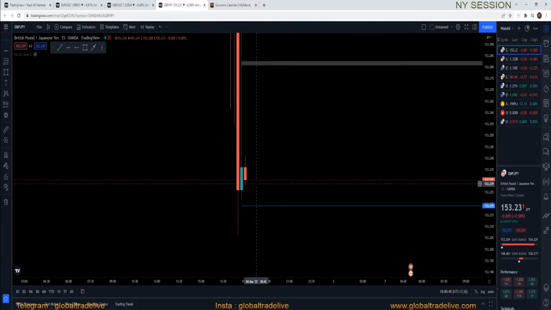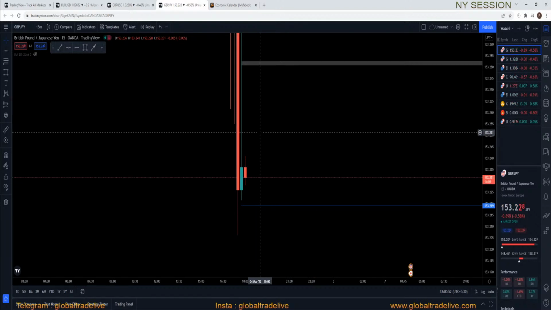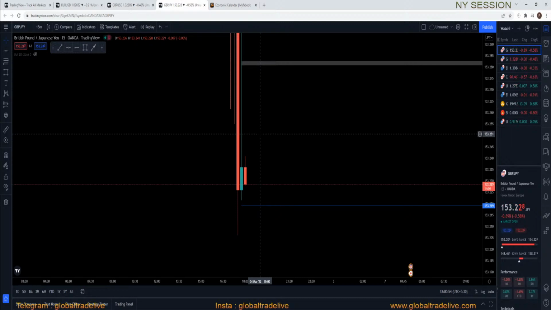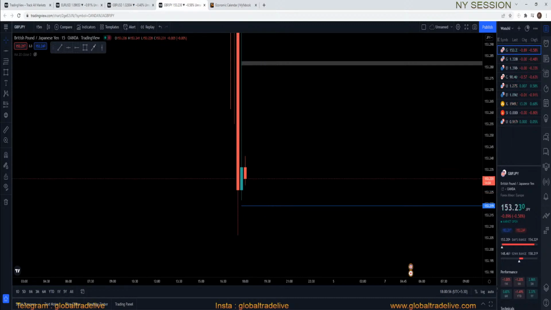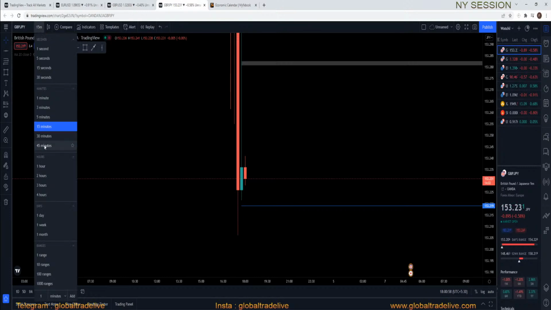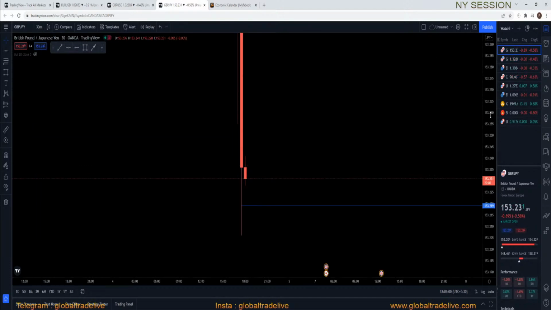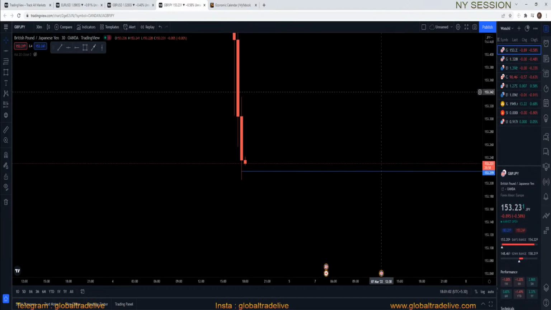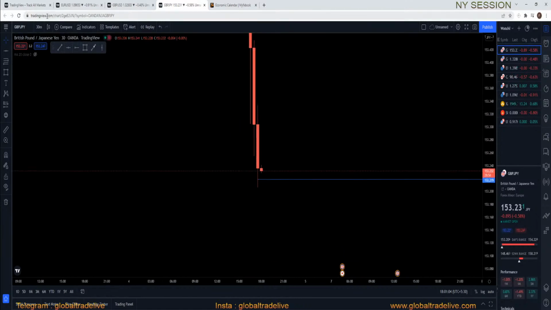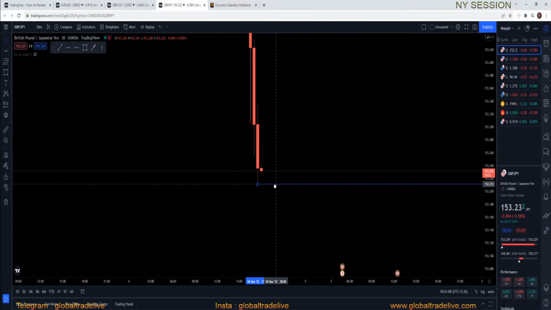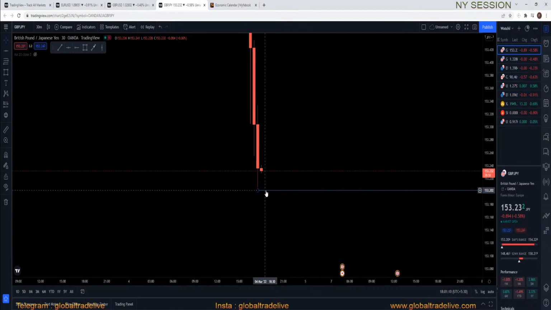But I think it can go a little bit more up before going down. Yeah, I think it might go more up from here a little bit. So my entry point will be down over here.